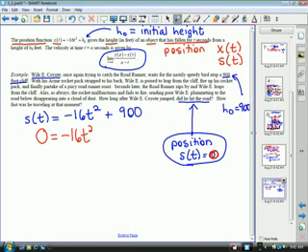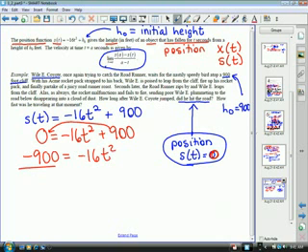Now what? Solve for t. How? Alright, I heard move 900 over by subtracting. Now what? Divide by negative 16. Somebody tell me what that is?